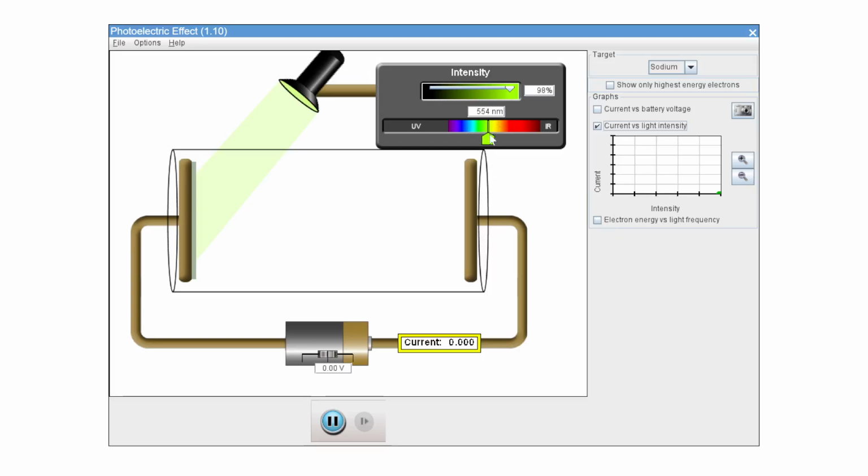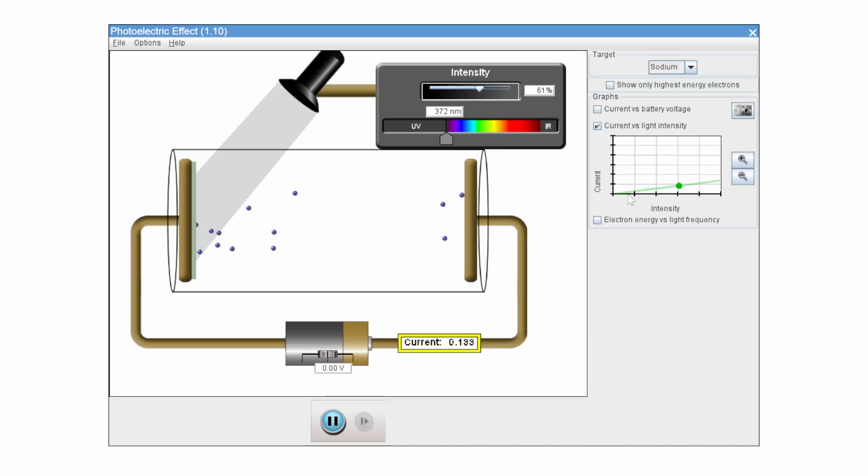Okay, let's just see the current versus intensity graph. Say I'm just going to have a current first. So my current is there, and I'm going to vary the intensity. Let's see. As the intensity increases, the current increases. You can see here 0.1133.